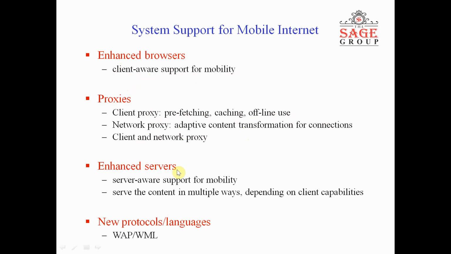After that, enhanced server, which means support for mobility, server aware. Serve the content in multiple ways depending on client capabilities. And the third and last point was new protocols and languages, WAP and WML. WML stands for Wireless Markup Language.